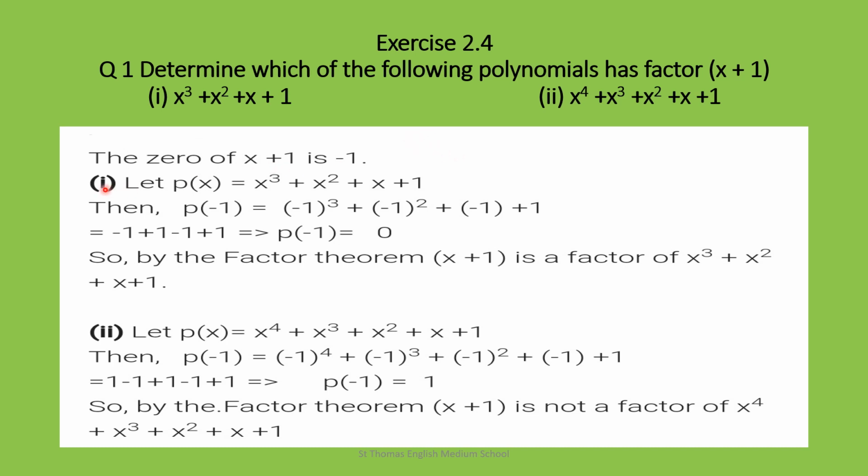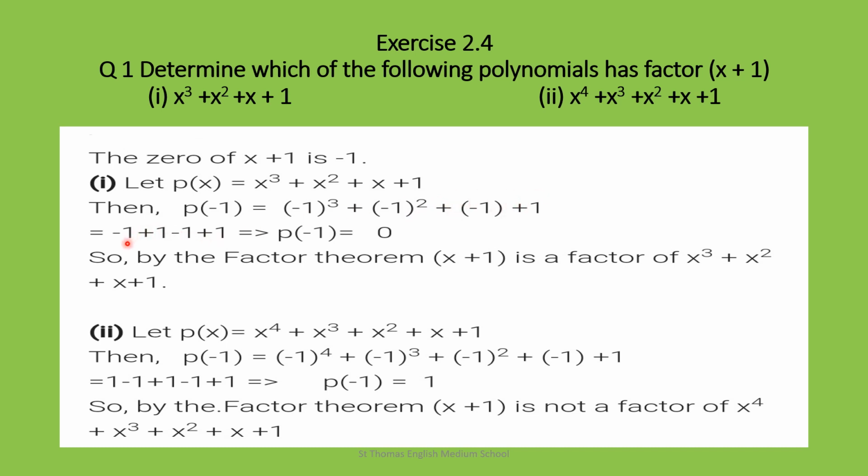For that, question number 1, let p of x equal to x cube plus x square plus x plus 1. Replace x by minus 1, you will have p of minus 1 equal to (minus 1) cube plus (minus 1) square plus minus 1 plus 1.